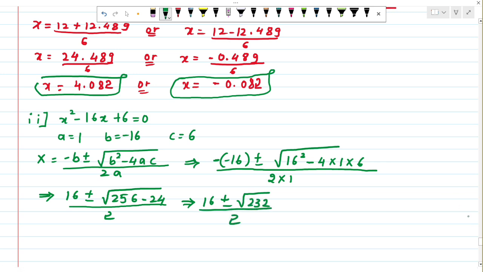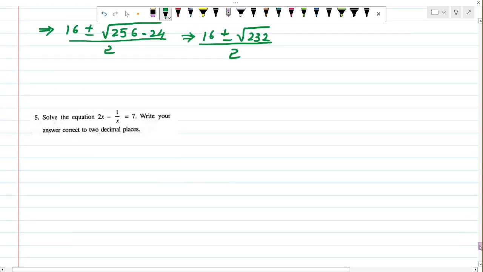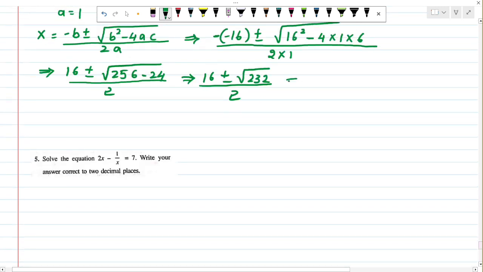So I'll get the two possibilities here. Which are the two possibilities? 16 plus or minus root 232, whose value is 15.231, divided by 2.